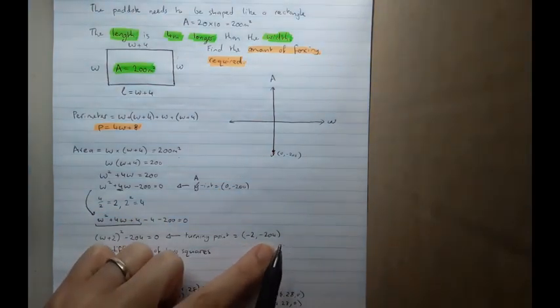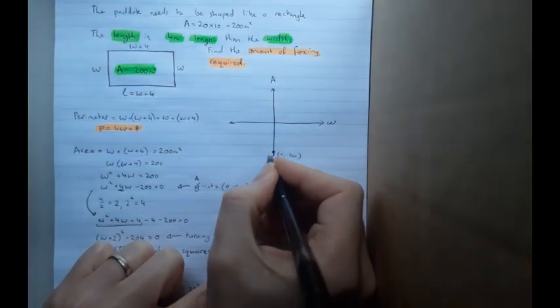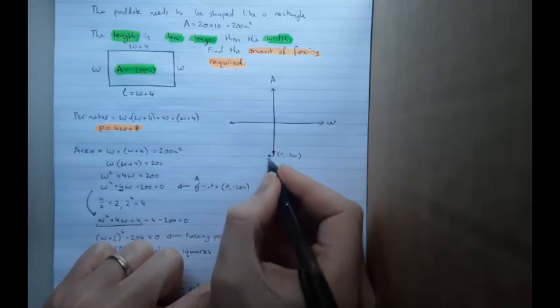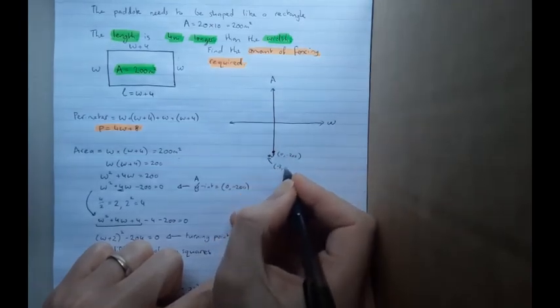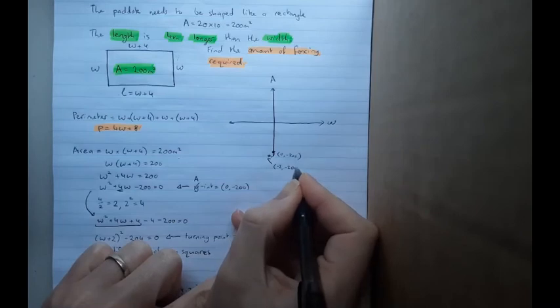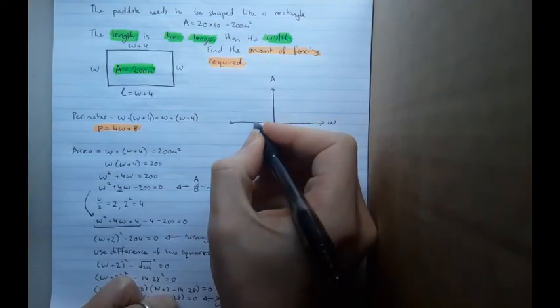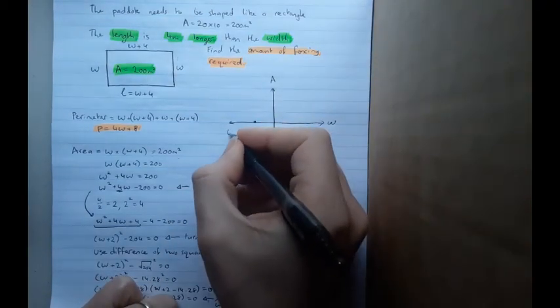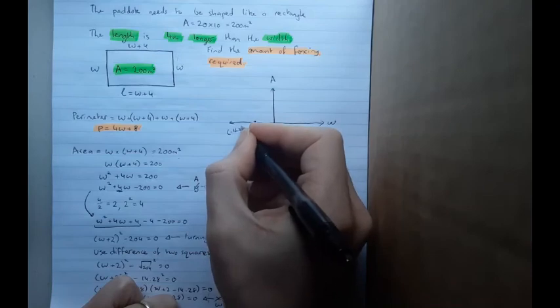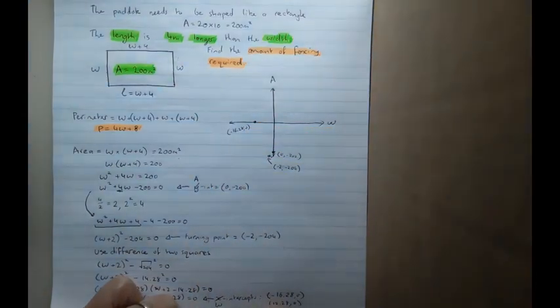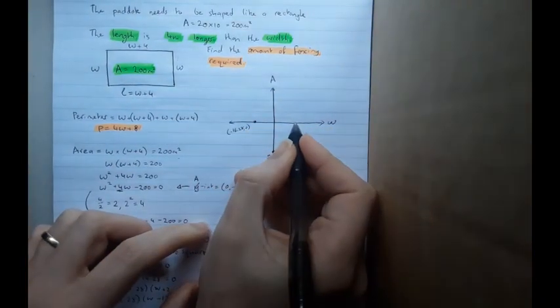Negative 2, negative 204. Okay, that's even further down here. That's negative 2, negative 204. And then we've got these 2 points. So negative 16.28. It's going to be over here. Negative 16.28, comma 0. And the other one was 12.28. So that's over here.